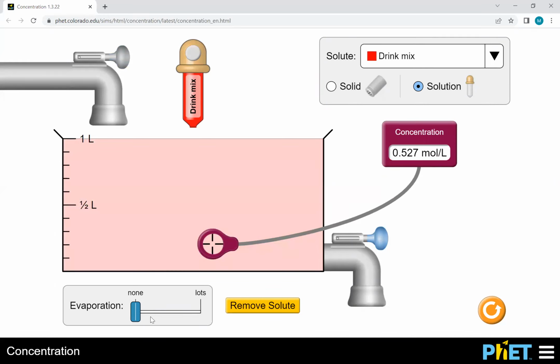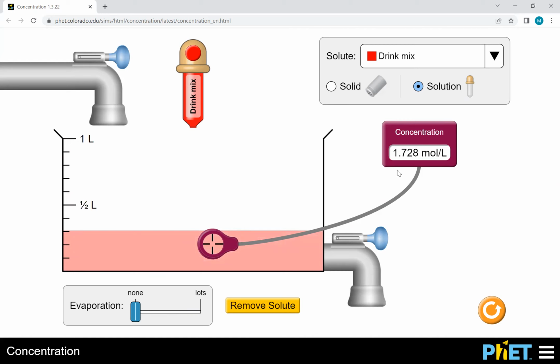Conversely, if I reduce the amount of water, look what happens to the concentration. If I were to evaporate the water or reduce the volume, notice I have a lower volume, but a higher concentration.